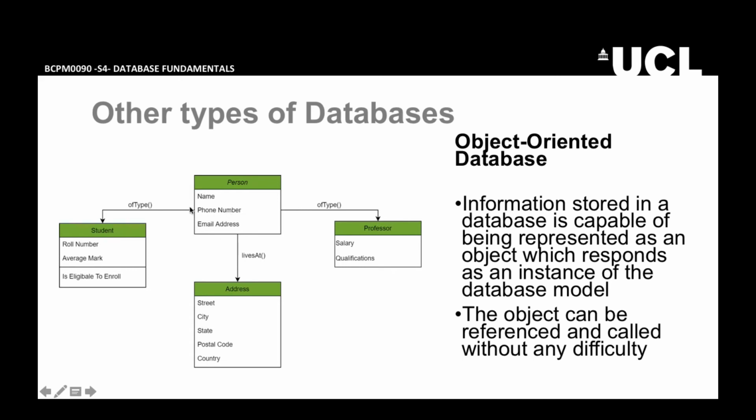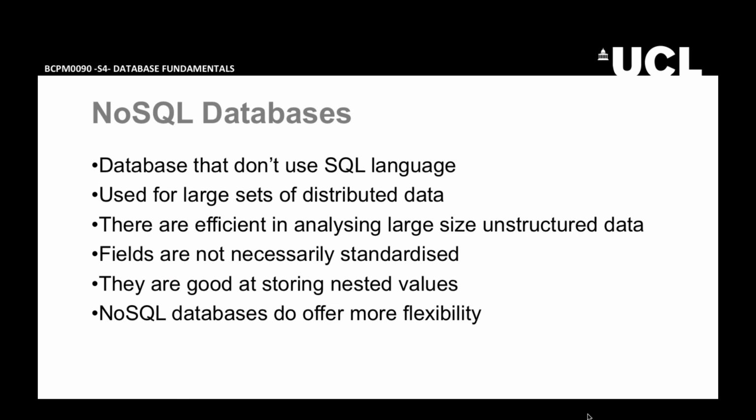That could be two types, students or professor, and we can add different features, like for example the place where they live. The good thing in using this kind of database is that the object can be easily called without any difficulty.